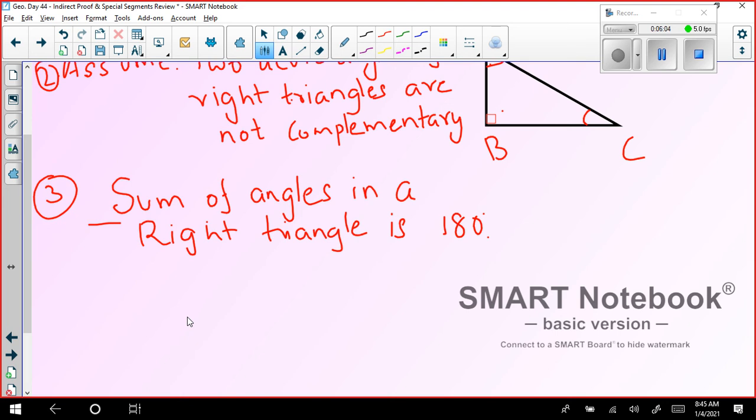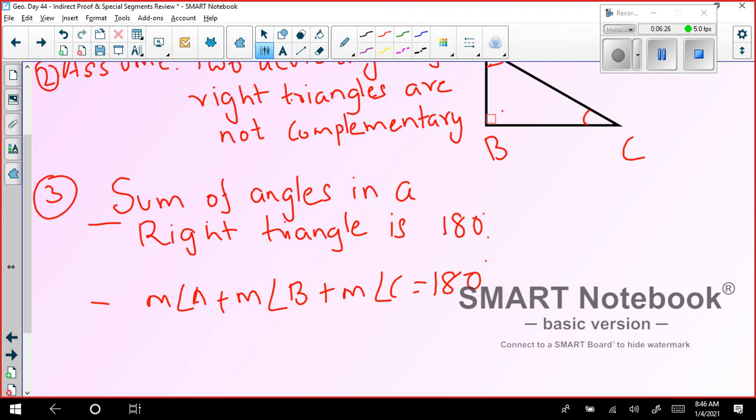Let's generalize this with a particular example: if I have the measure of angle A plus the measure of angle B plus the measure of angle C equals 180 degrees.